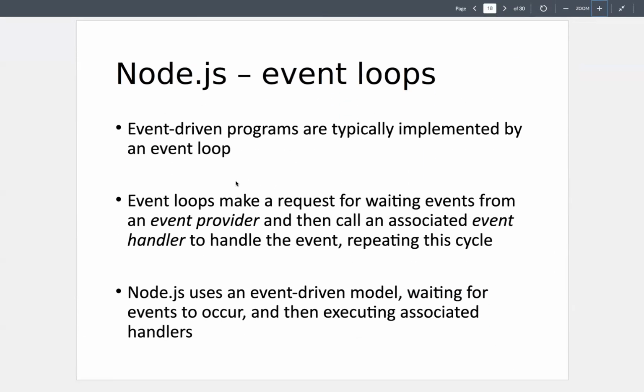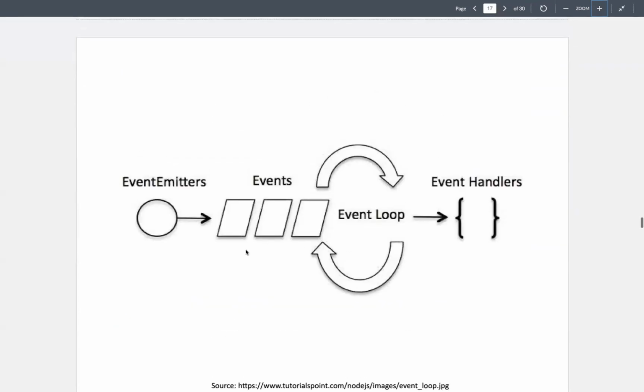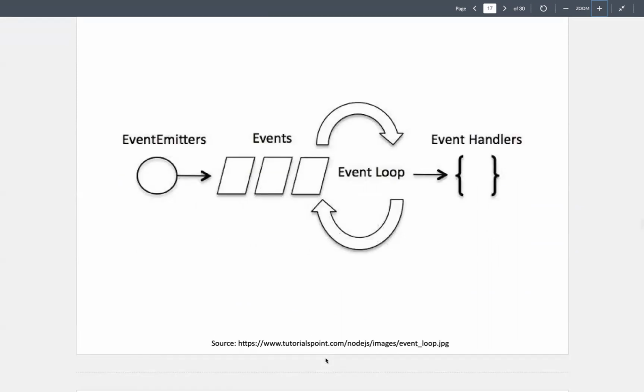Now, event loops. Event-driven programs are typically implemented by an event loop. Event loops make a request for waiting events from an event provider and then call an associated event handler to handle the event, repeating the cycle. So for example, guys, if I click on something, something will handle the event for us.